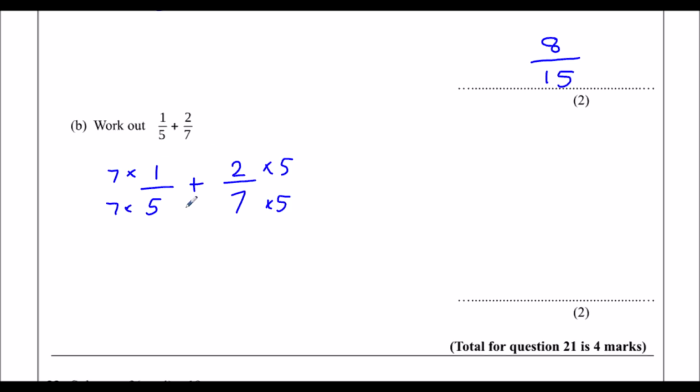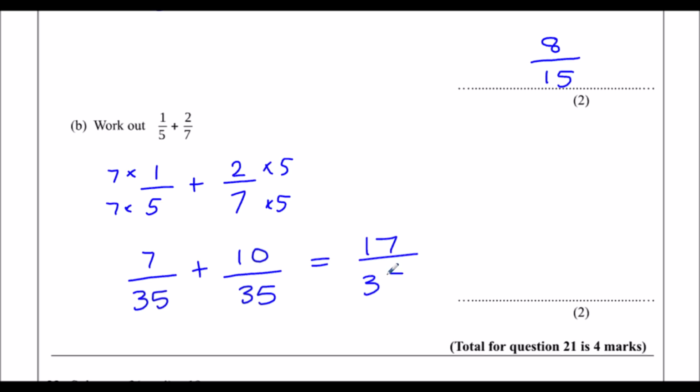So 1 times 7 is 7. 7 times 5 is 35. 2 5s are 10. And 7 times 5 is 35. So I've got 7 of something, plus 10 of something, which makes 17 of that same thing. So 7 35ths plus 10 35ths is 17 35ths.